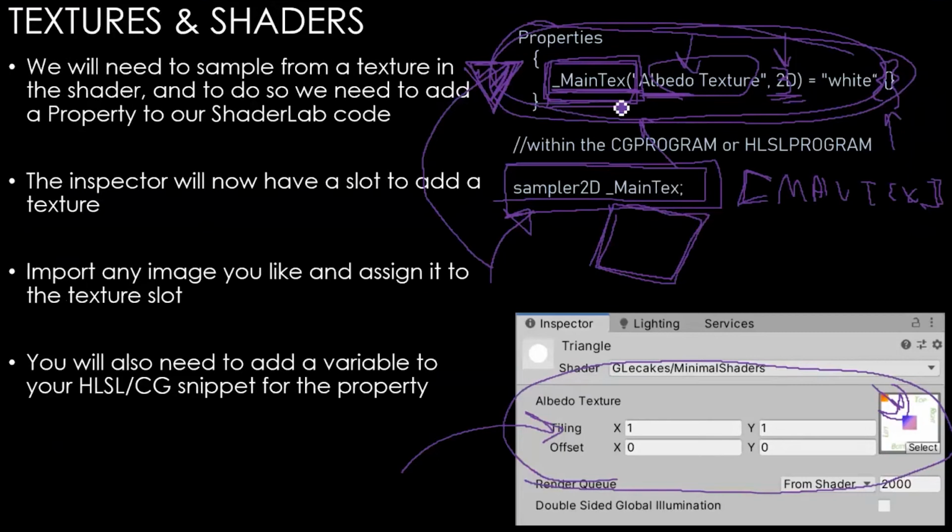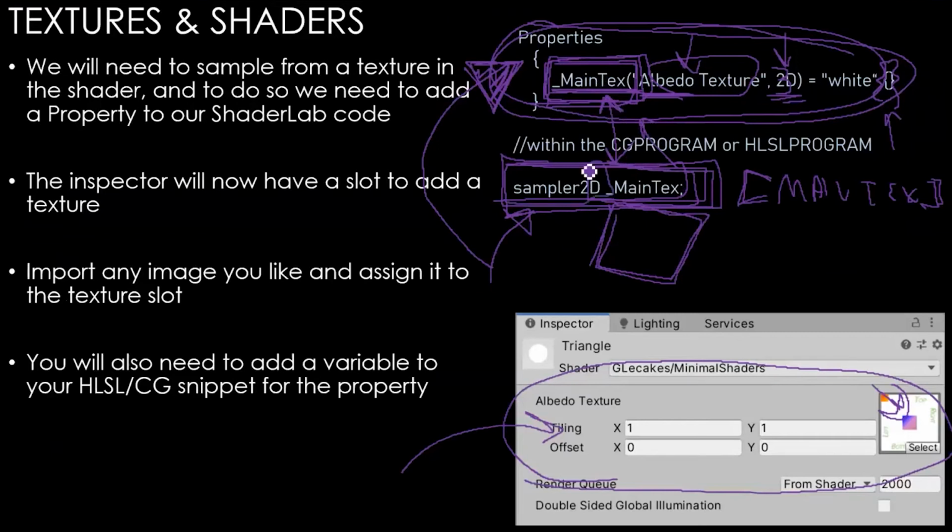So whatever name you give this here, you need to make sure you also create a variable in the shader snippet that corresponds to it, with the same exact name. Please, if you can't cram something into your head anymore this lecture, the one thing that you are probably going to mess up on a homework assignment is not redeclaring this variable within the shader code and making sure that the names match. That is what you will mess up.